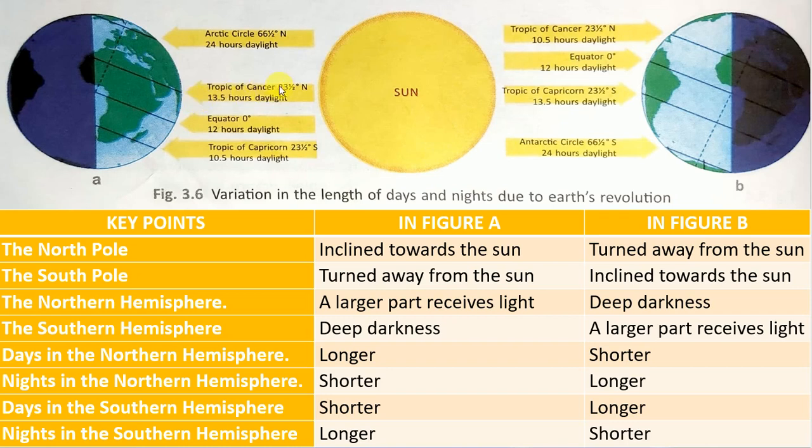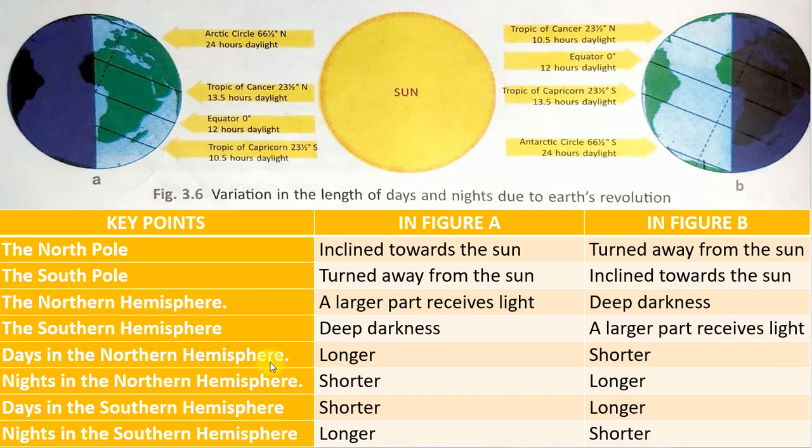We have already seen the circle of illumination. The areas having direct sun rays will be receiving light, so there will be day. A larger part of the northern hemisphere receives sunlight. This results in longer days and shorter nights in the northern hemisphere, and it is the reverse in the southern hemisphere.